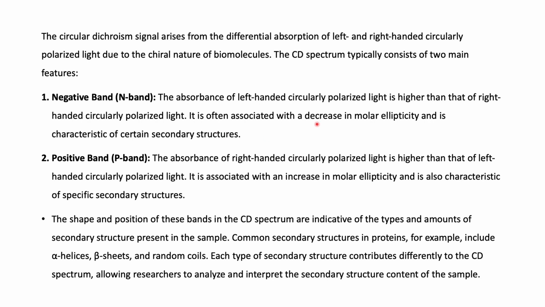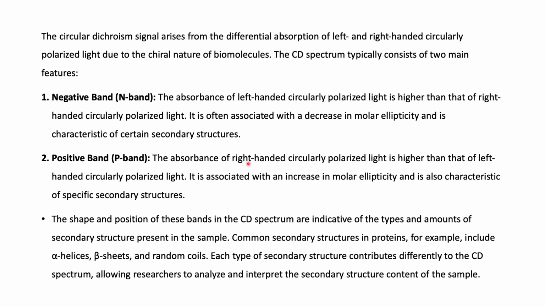So when the delta epsilon value is negative, it means that the molecule is less elliptical. And a positive band is where the absorbance of right-handed circularly polarized light, RCP, is higher than the LCP. It is associated with an increase in molar ellipticity and is also characteristic of specific secondary structures.